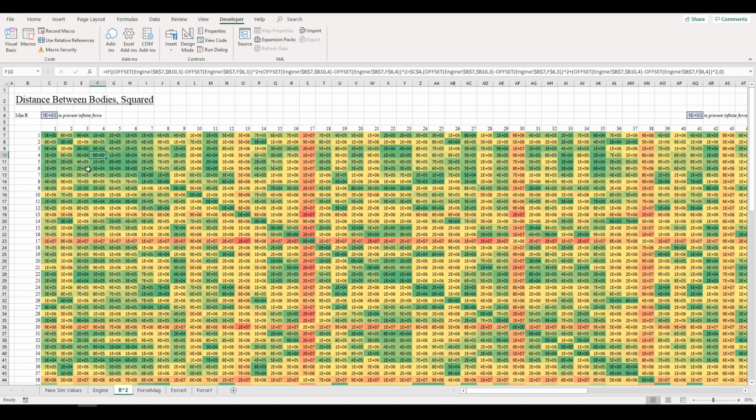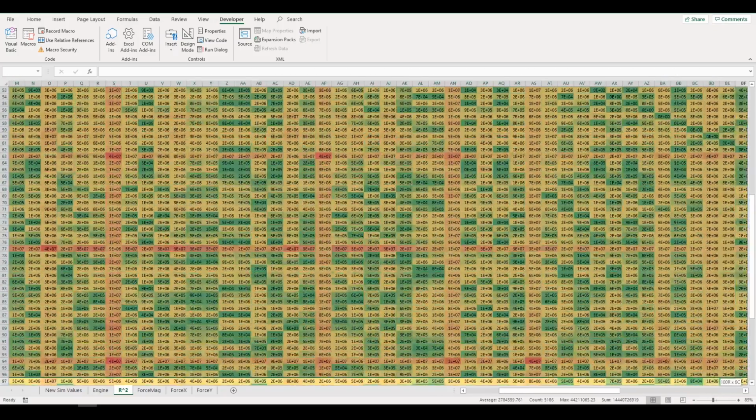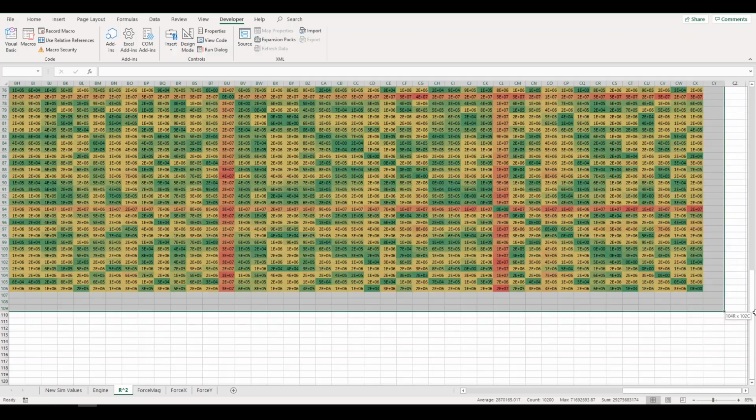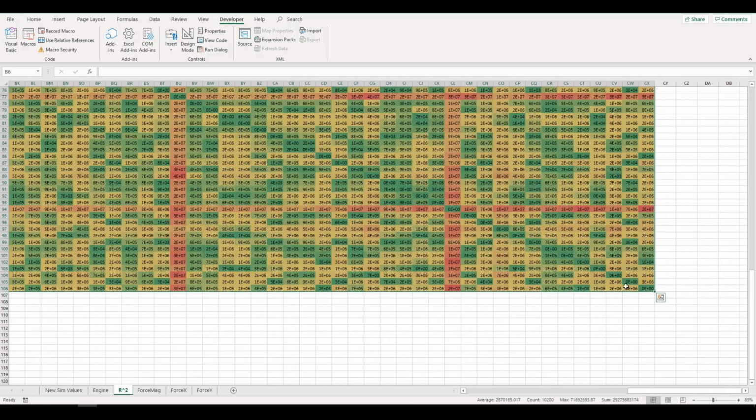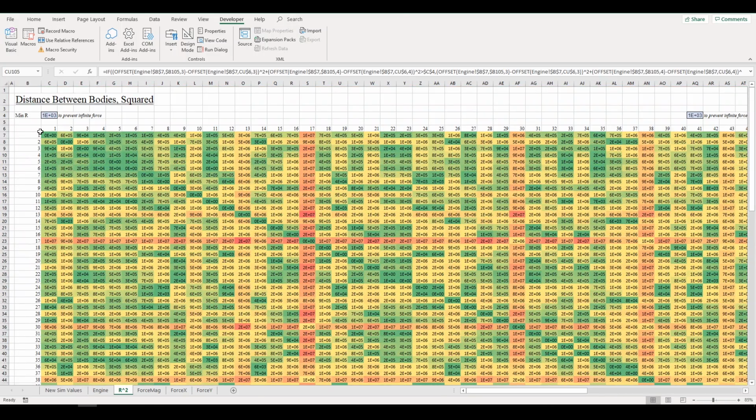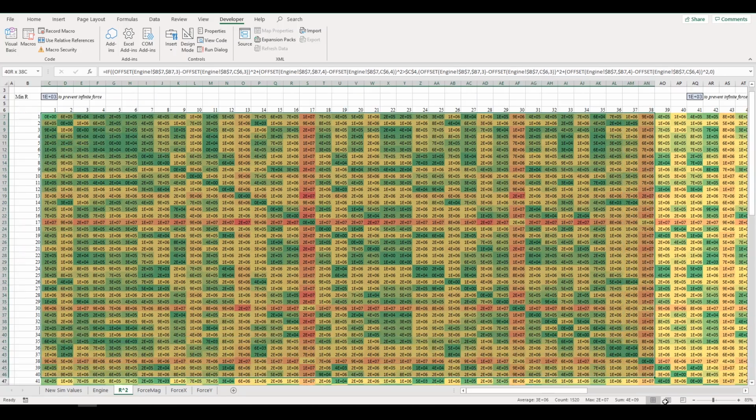So you have to do a massive set of calculations for every additional object in the simulation, because every new object you add in will impact every single other object. So you need a whole bunch of new calculations for every object you add in. If you've got 100 objects, you need 100 times 100 calculations, which is exactly what this is. 100 times 100, and it's just 101 because I've included the column and row headers. So basically we've got 100 by 100 calculations here.